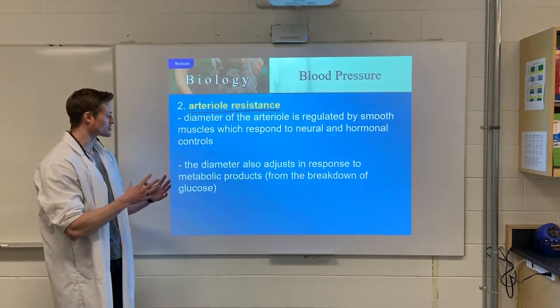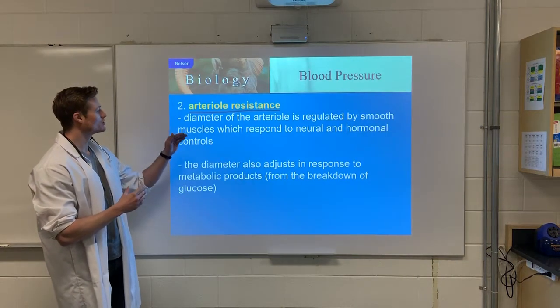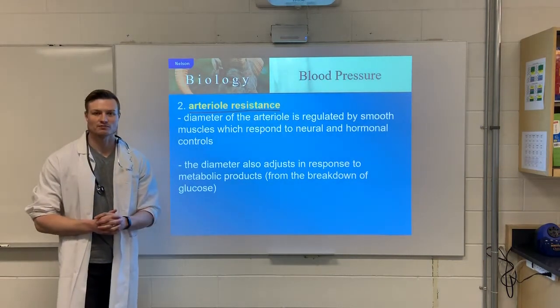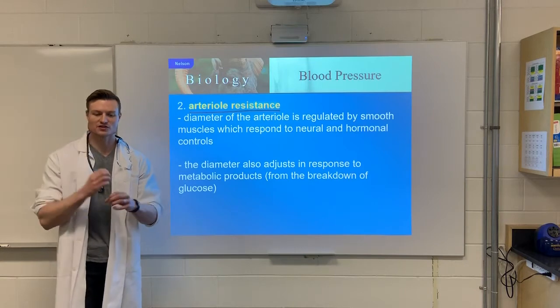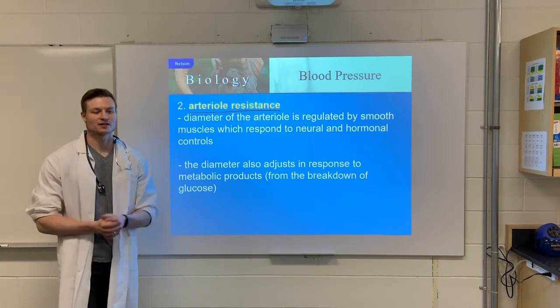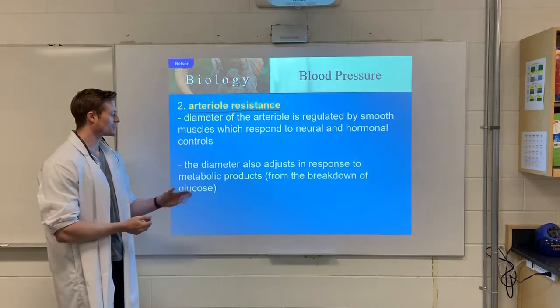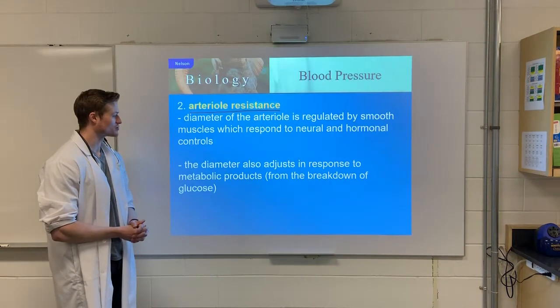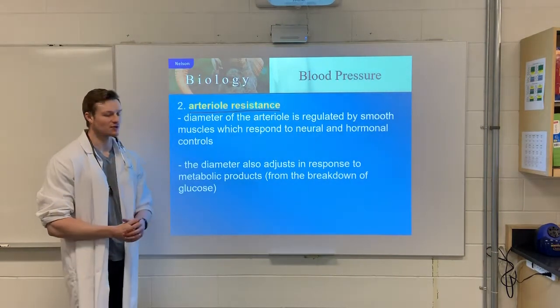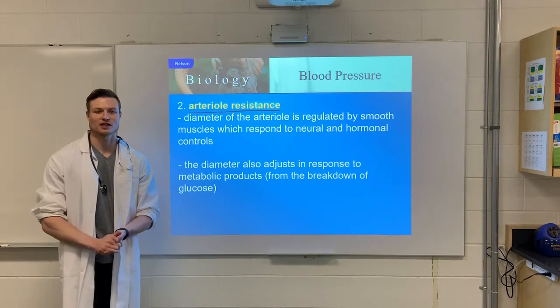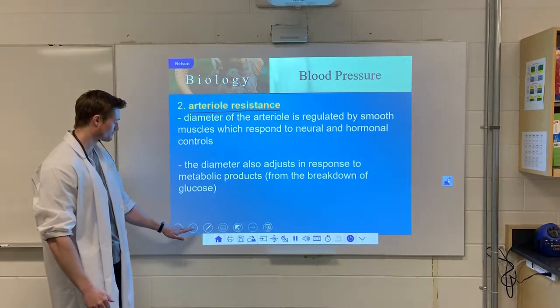As the diameter changes, so too does your blood pressure, because obviously, if it's smaller or wider, it can affect your blood pressure. The diameter also adjusts in response to metabolic products. For example, the breakdown of glucose can change the diameter of your arterioles.